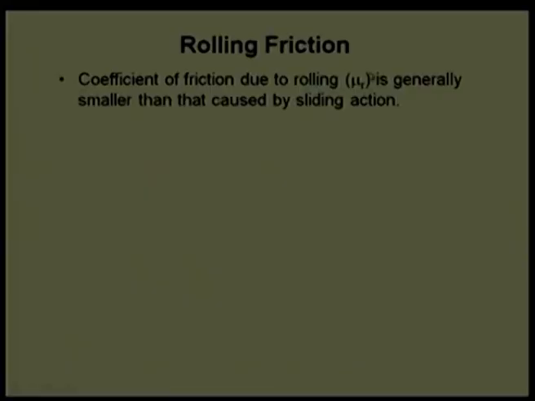So, the coefficient of friction is steady and reliably low. The coefficient of friction due to rolling, represented here by mu r, is generally smaller than that caused by sliding action. This is always desirable for machines. If I have a choice, I will prefer rolling friction compared to sliding friction, if friction reduction is my main aim.